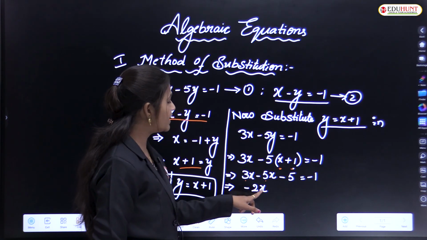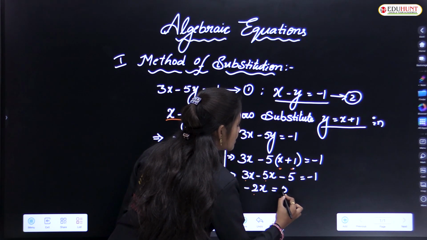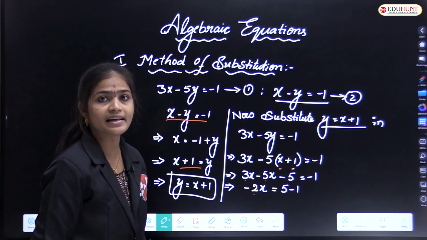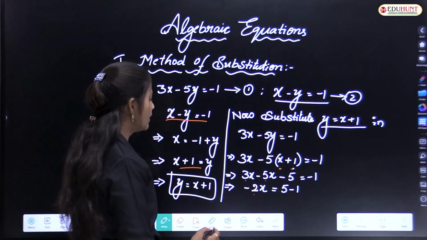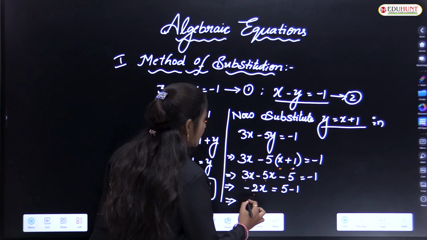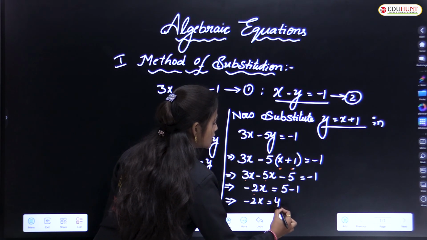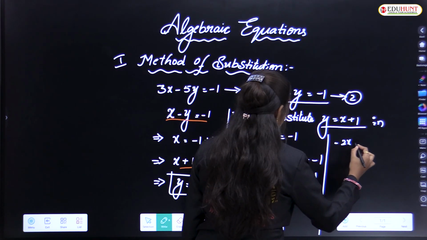So minus 2x equals minus 5 become plus 5, and minus 1 write as it is. I just transposed the term minus 5 from LHS to RHS. So minus 2x equals 5 minus 1, which is 4. So minus 2x equals 4.